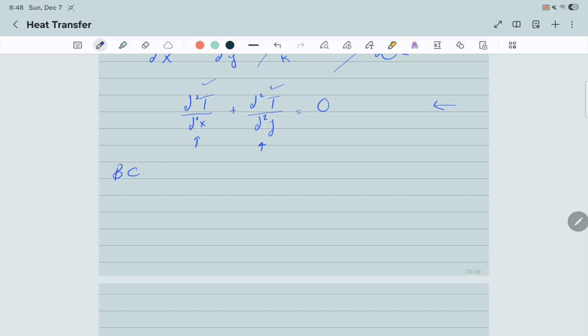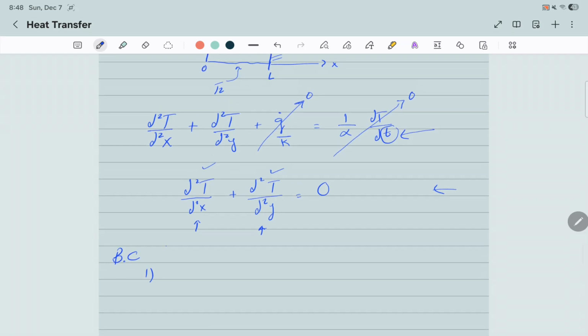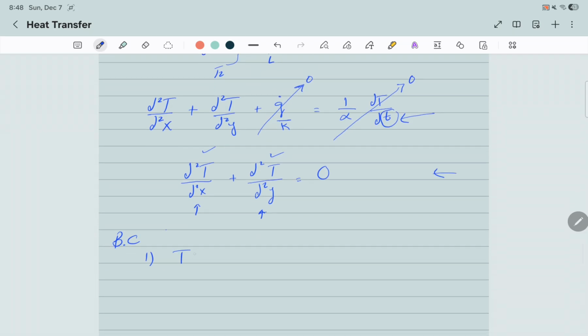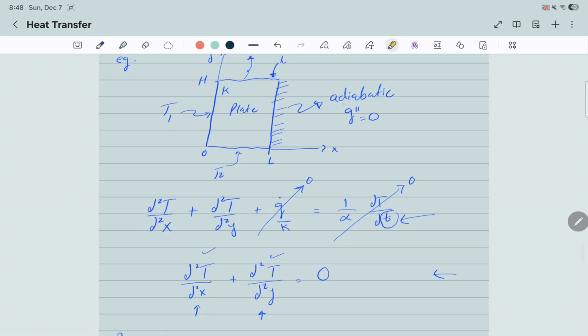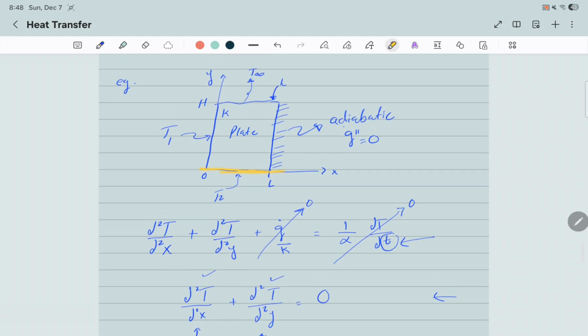So our first boundary condition: the temperature at x equals 0 at any y. At x equals 0, meaning here, right? And any y, no, sorry, I think I messed it up. x equals 0 is here at any y. That will be your T1.